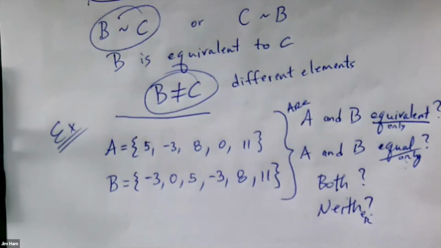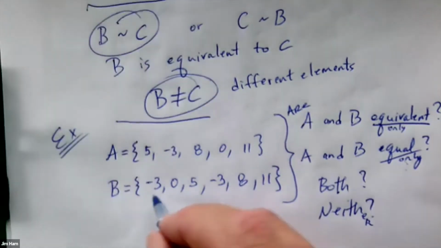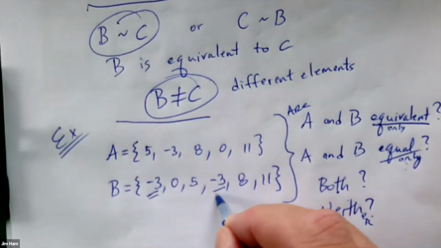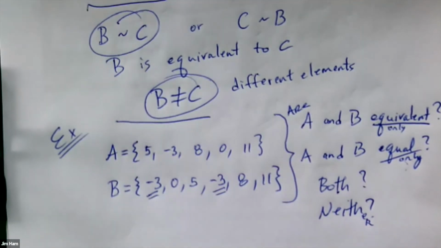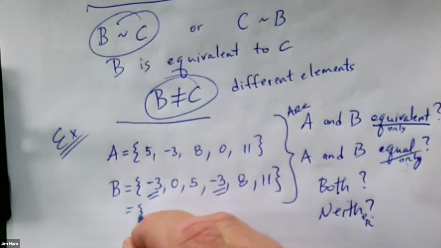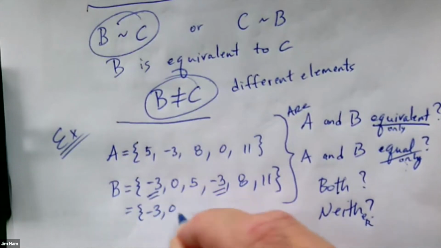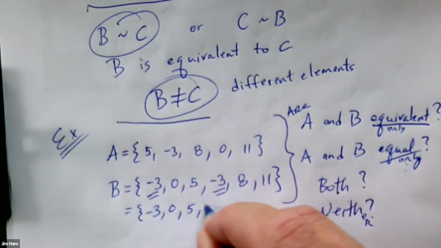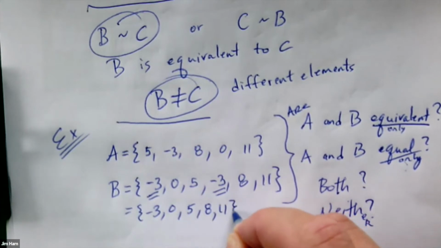And I tried to give you a tricky one here because you may notice that -3 is an element that I wrote twice in B. And remember, we don't write these duplicates. So another way to write B is just to write the element -3 one time.